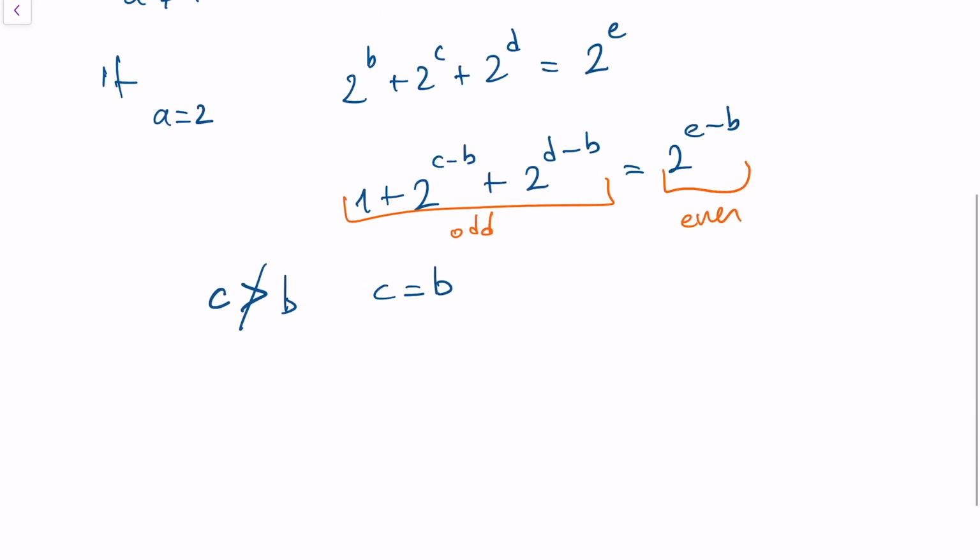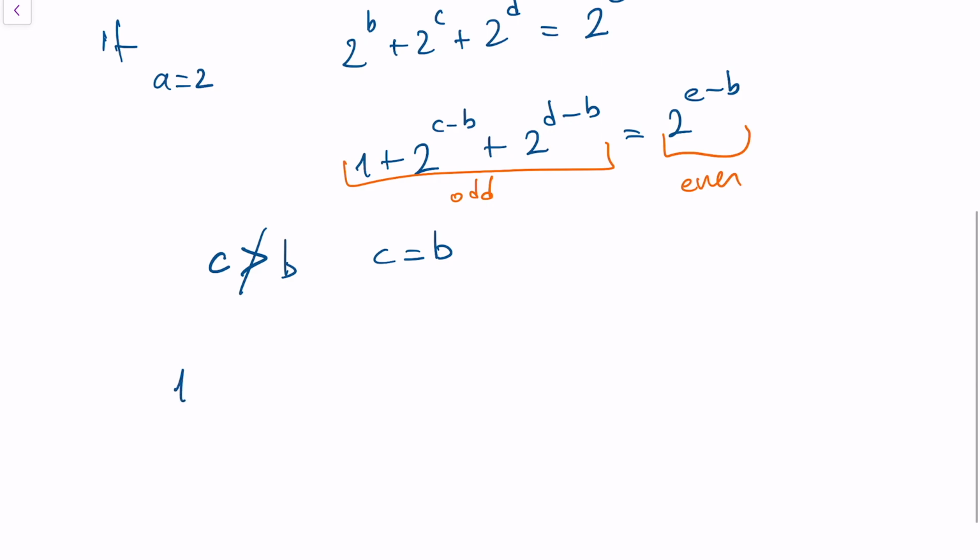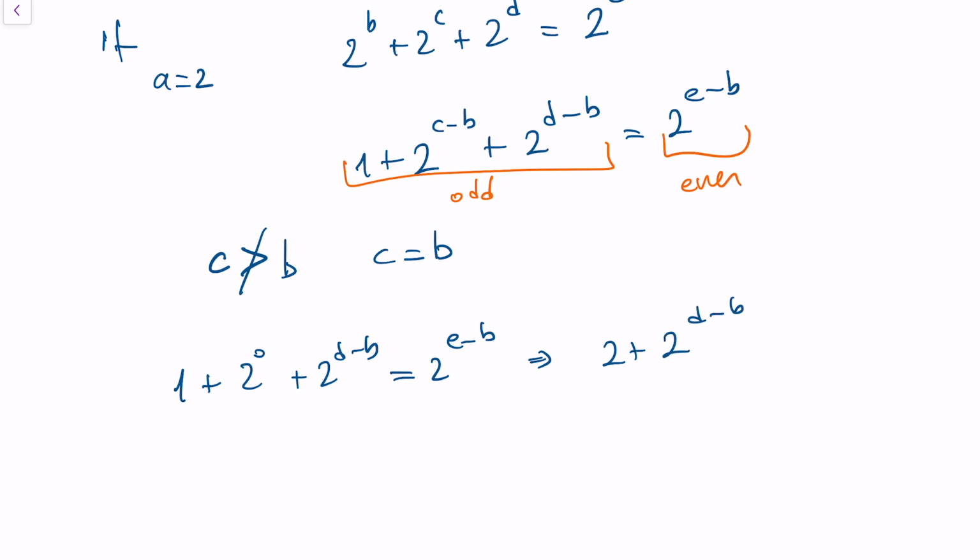So in other words, since c is equal to b, we have 2^0 + 2^(d-b) = 2^(e-b). That implies 2 + 2^(d-b) = 2^(e-b).